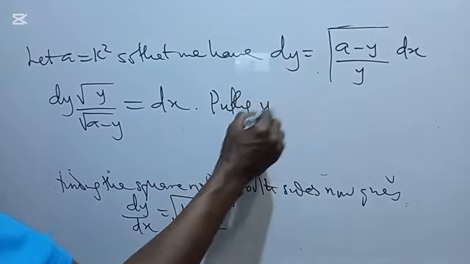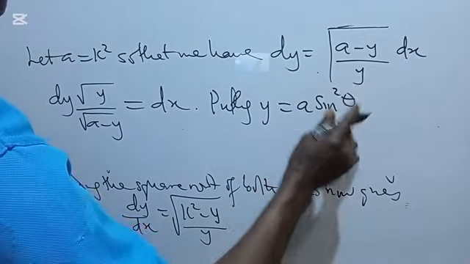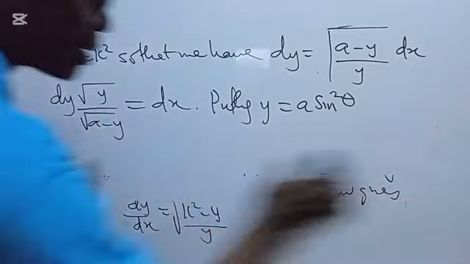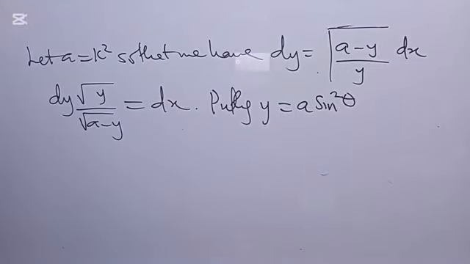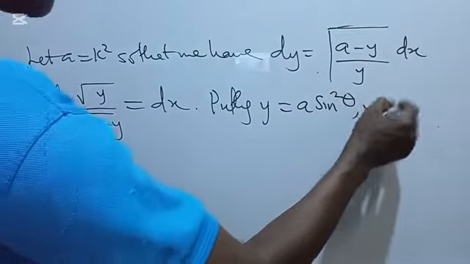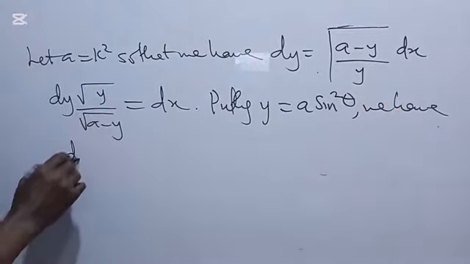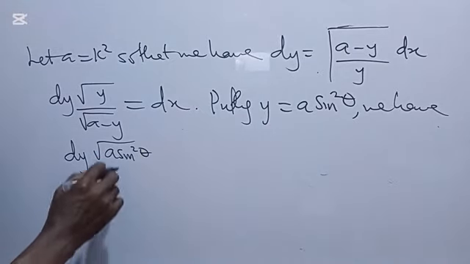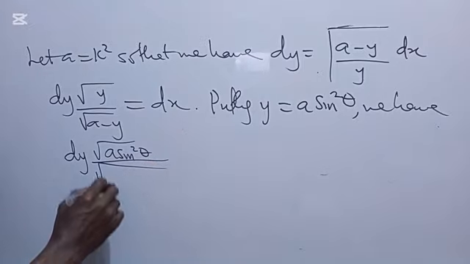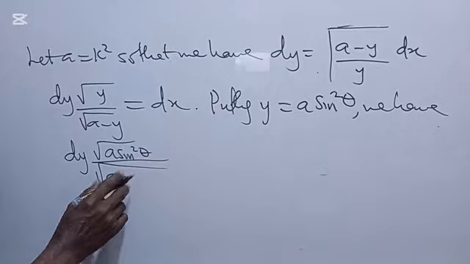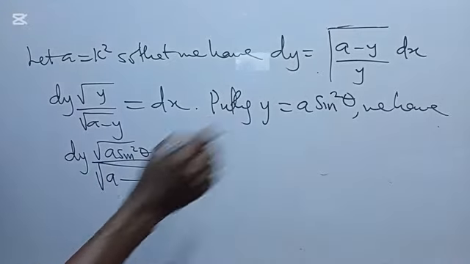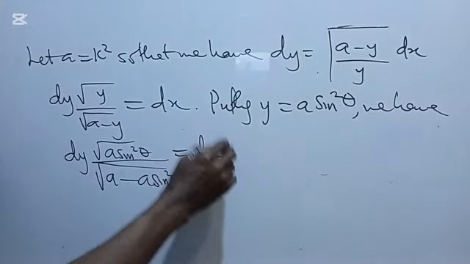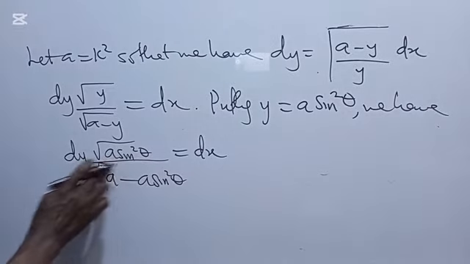Putting y equals a sine squared theta, we now have dy times the square root of a sine squared theta all over the square root of a minus a sine squared theta, because y is a sine squared theta, which equals dx.